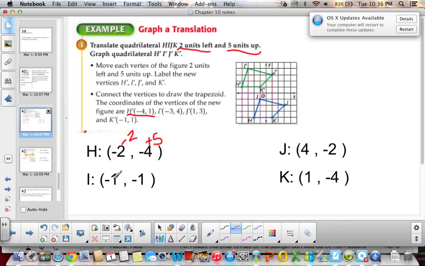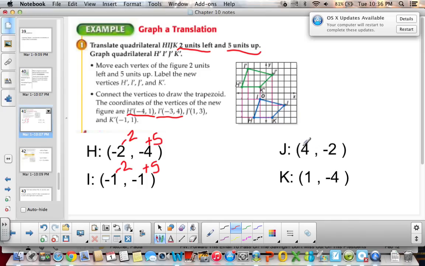If we look at I, we start at -1, -1, and we end up at I prime, -3, 4. So we can take -1 minus 2 and we get -3, and then -1 plus 5, and we end up at 4.